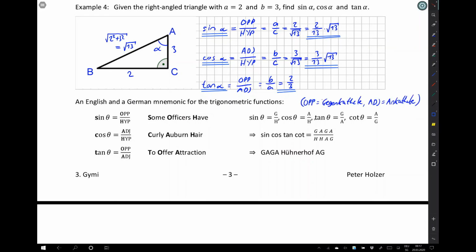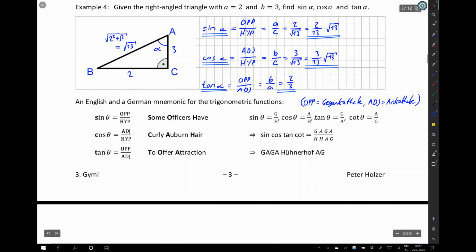In German there's also a mnemonic. You have to know that in German the opposite is called die Gegenkathete and the adjacent is called die Ankathete. So sine of an angle is G divided by H, cosine of theta is then A divided by H, G divided by A for the tangent, and A divided by G for the cotangent of theta.